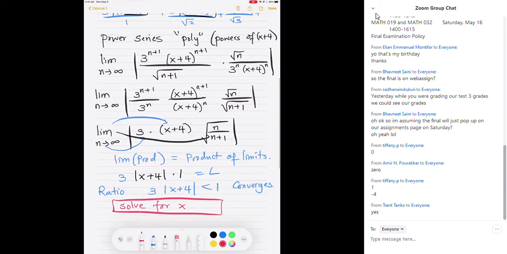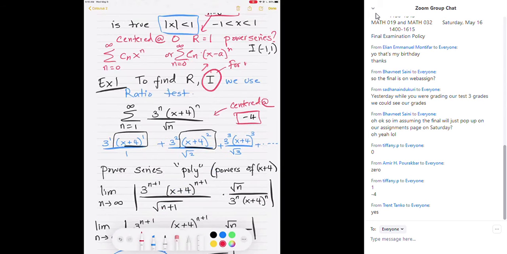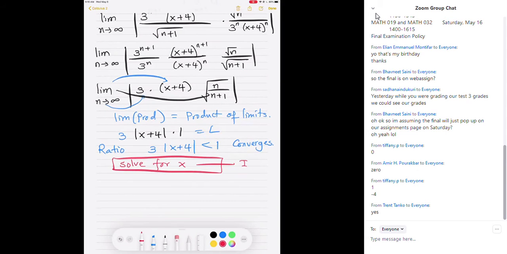I'm finding for what x does this series converge? Keep writing it till you are very clear as to what the radius and the interval of convergence are. That is the question you're answering. So I'm going to solve for x. Solving for x will give me the interval of convergence. But remember, at this point, I've got to check the ends.